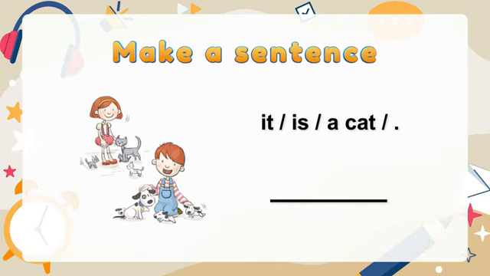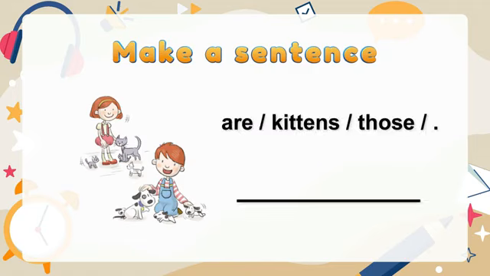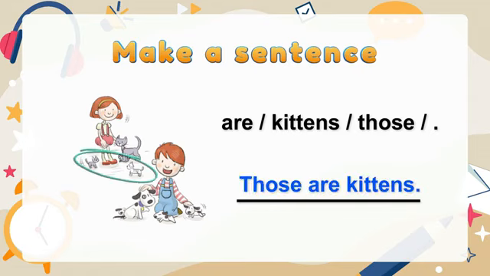It is a cat. It should be, it is a cat. Are kittens those? The sentence is, those are kittens.